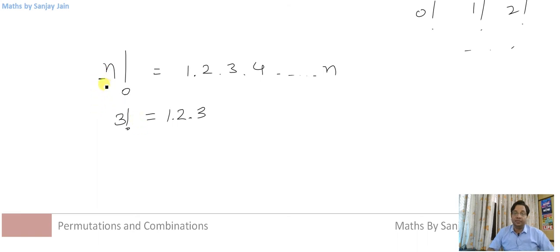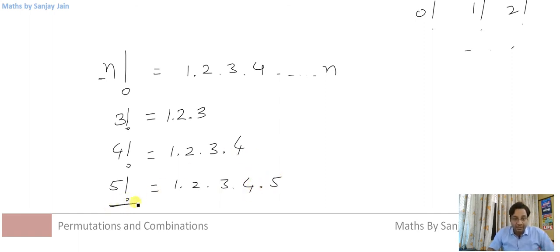So n factorial is 1 into 2 into 3 into 4 up to n. 3 factorial is 1 into 2 into 3. 4 factorial is 1 into 2 into 3 into 4. 5 factorial is 1 into 2 into 3 into 4 into 5. If you notice 5 factorial, only this part, what is this? 1 into 2 into 3 into 4. This is 4 factorial. So 5 factorial can also be written as 5 into 4 factorial.